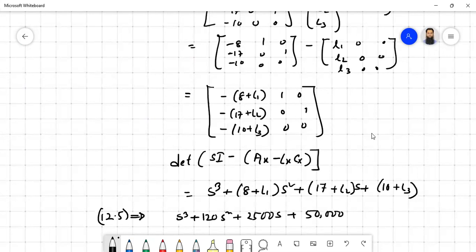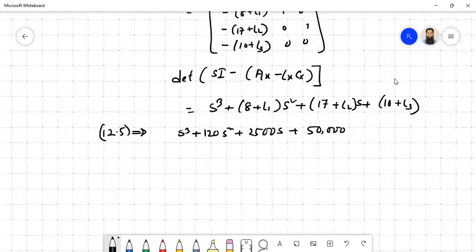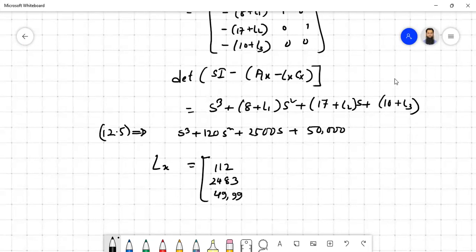So now we have to compare these two equations, and based on this comparison, we can easily find that our LX will be simply 120 minus 8, that is 112, then 2500 minus 17, that is 2483, and 9990. So the LX value is calculated.